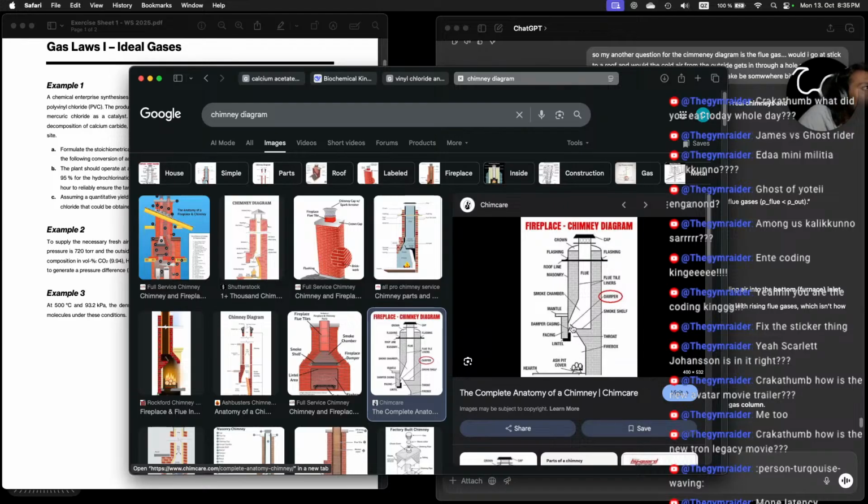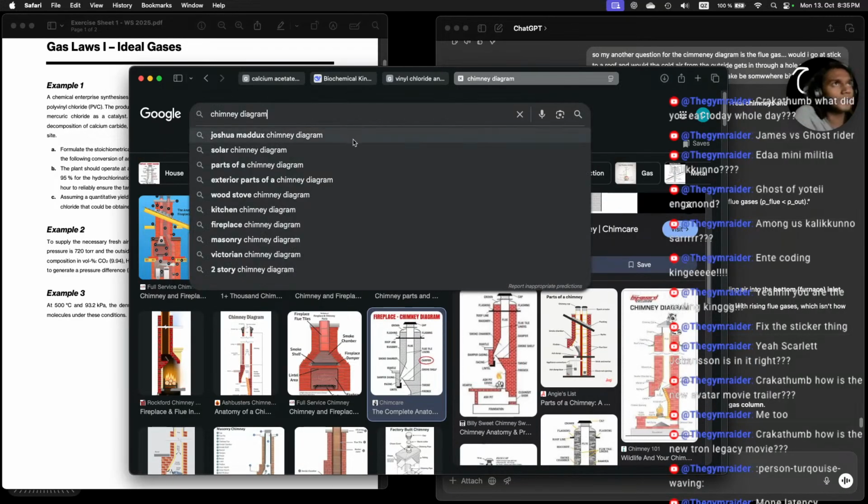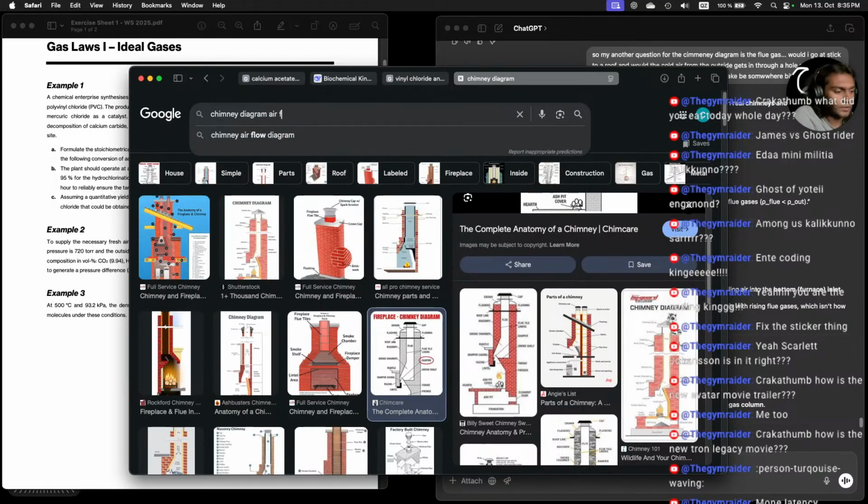Oh, interesting. Flashing, roof line, cap. Oh, chimney airflow.